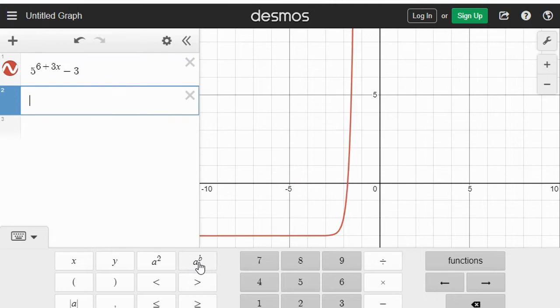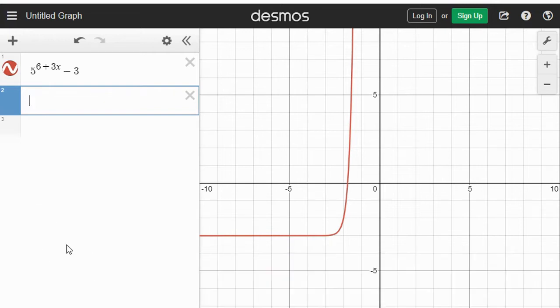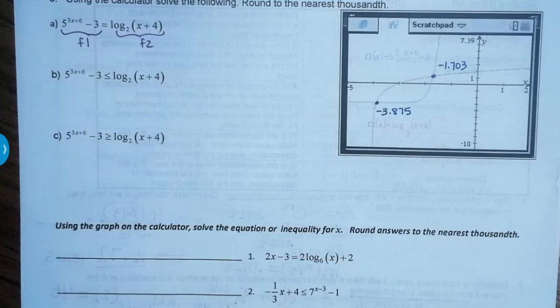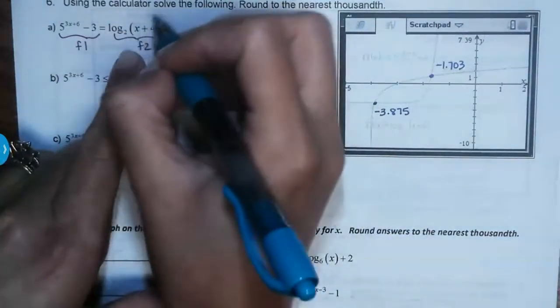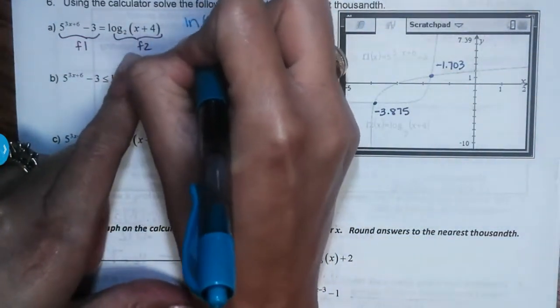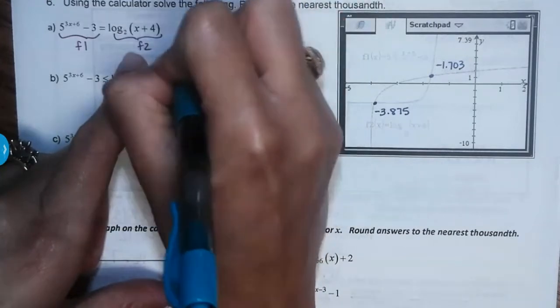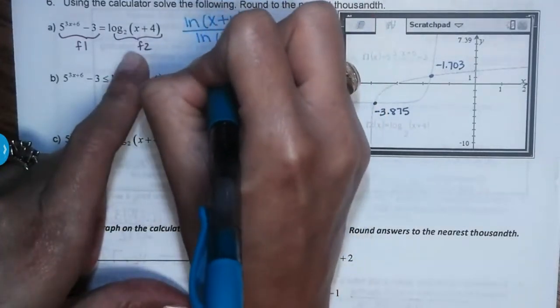Enter. Okay, so the red graph is the first one. And now I need to graph log base 2 of x plus 4. Again, Desmos doesn't have the base option, so we're going to need to change this to natural log of x plus 4 over natural log of 2.